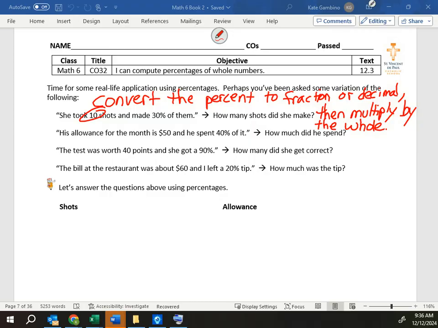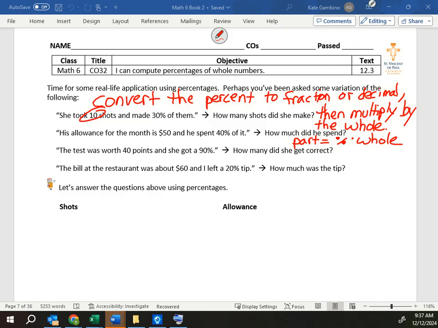So you know your percent, you either have a fraction or a decimal of that percent. You multiply it by the whole number to figure out what that part was. So another way of looking at this is that part equals that percent times the whole.